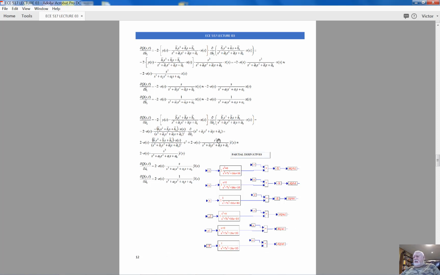What's interesting is this. Each of these derivatives has error as a multiplier. In the first 3 expressions, I have the second derivative of input x, the first derivative of input x, and then the second derivative of output y of the adjustable system, the first derivative of the output of the adjustable system, and the output of the adjustable system.